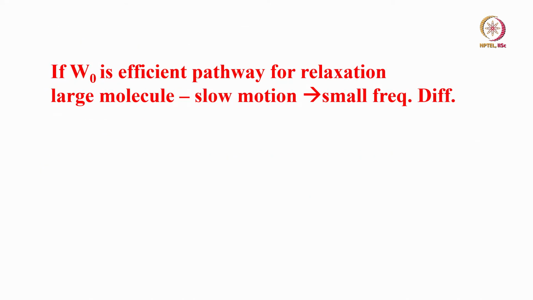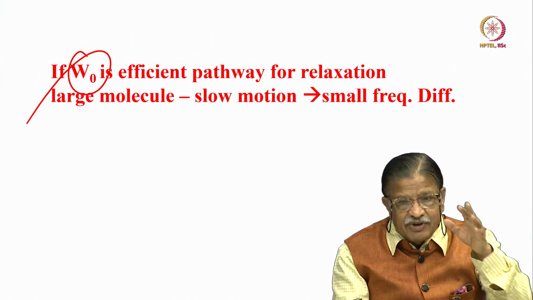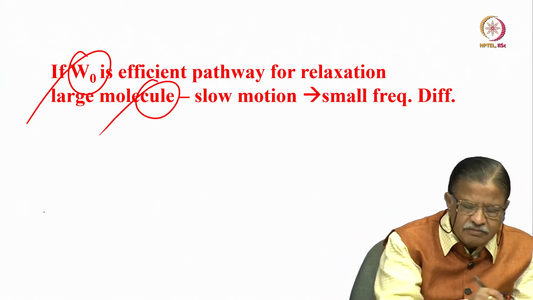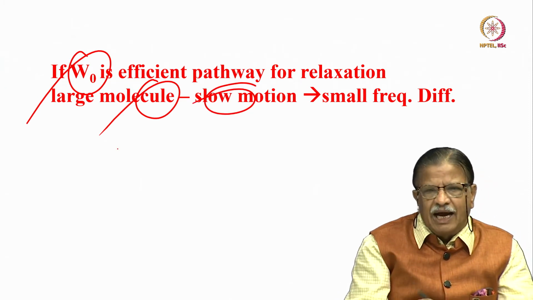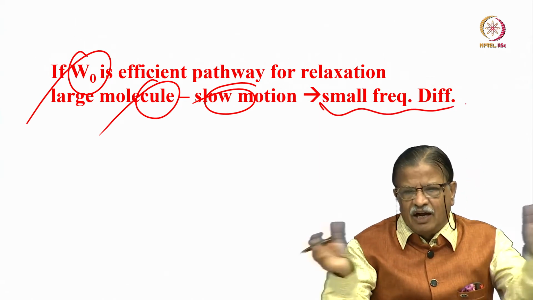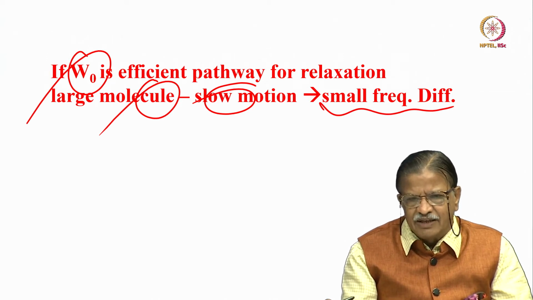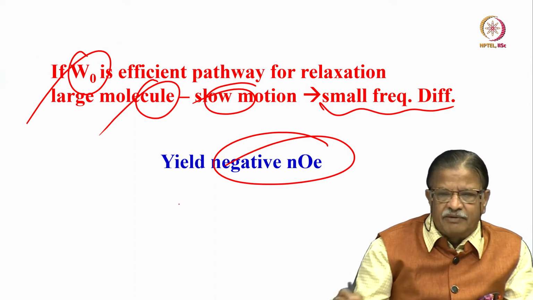So, W0, if that is the efficient pathway for relaxation, that is the zero quantum, this can obviously happen only for large molecules. Large molecules undergo slow motion and the frequency distribution is of small frequencies, not large frequencies. W0 is very small, in which case the dominant thing is the negative NOE phenomenon.